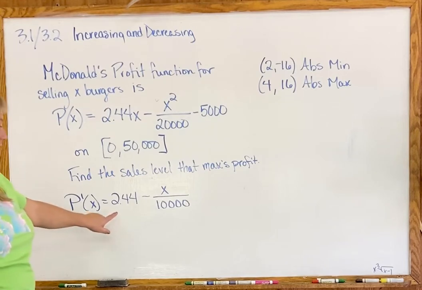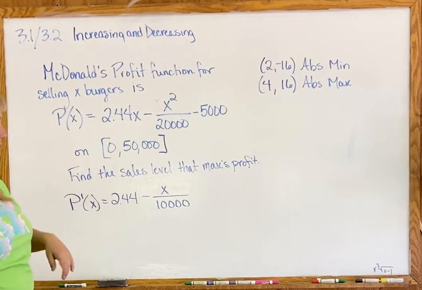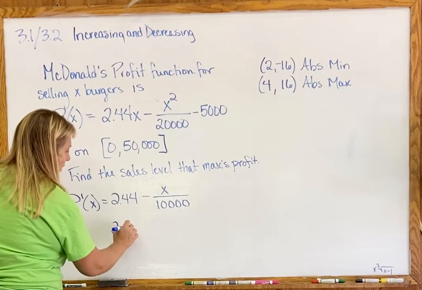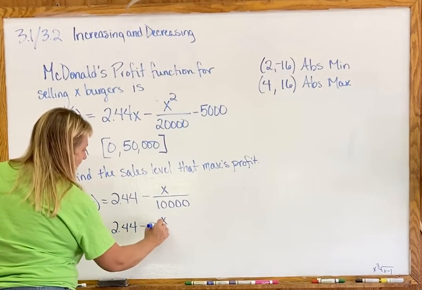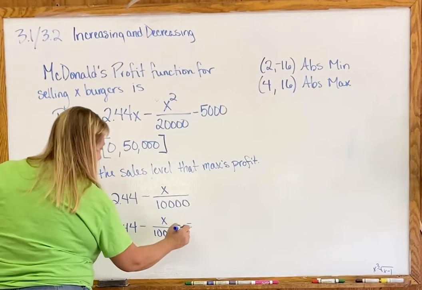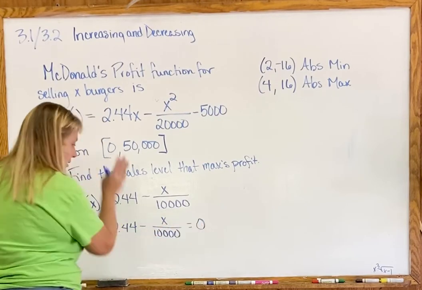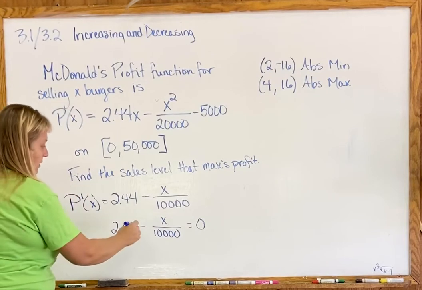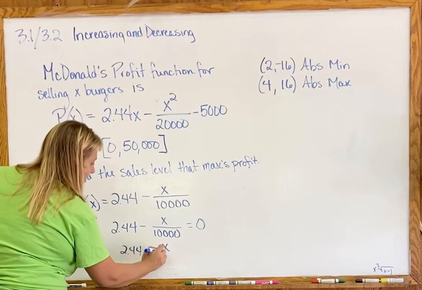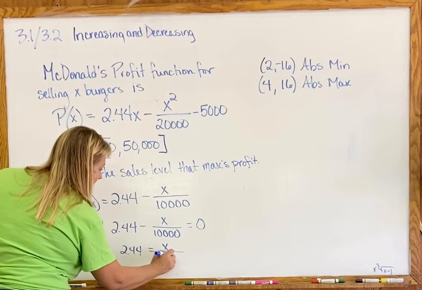So in order to figure out our critical values, we've got to set this equal to 0. So we'll go 2.44 minus x over 10,000 equals 0. So we have 2.44 equals x over 10,000.